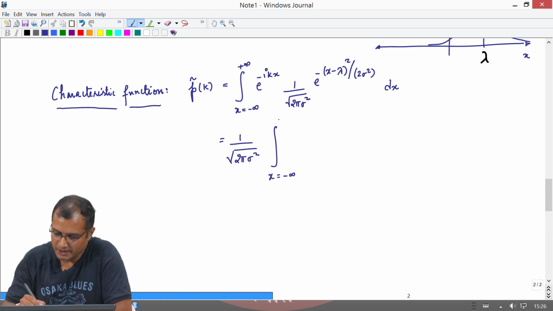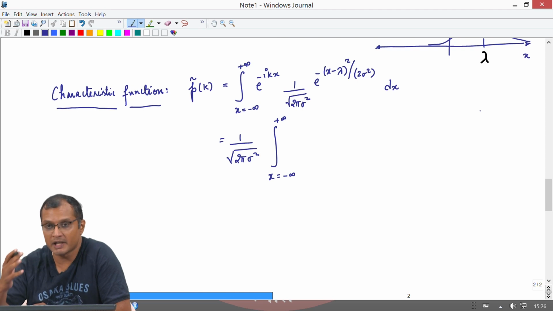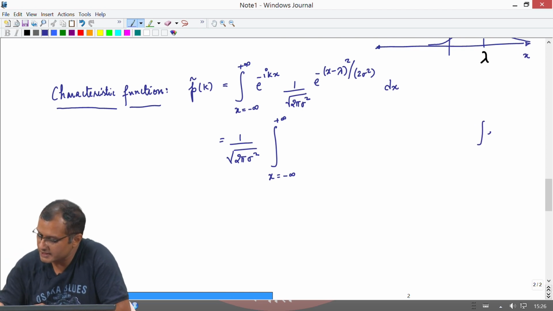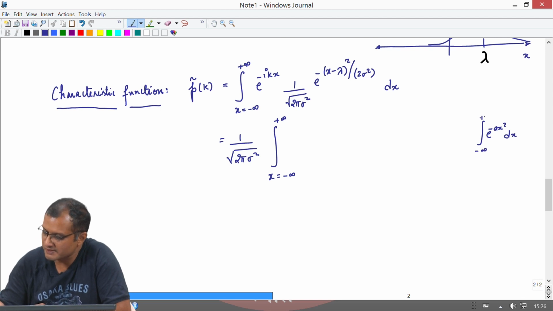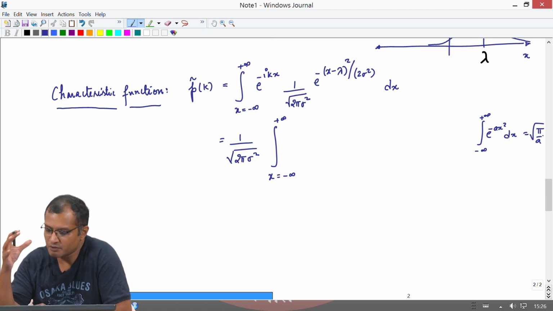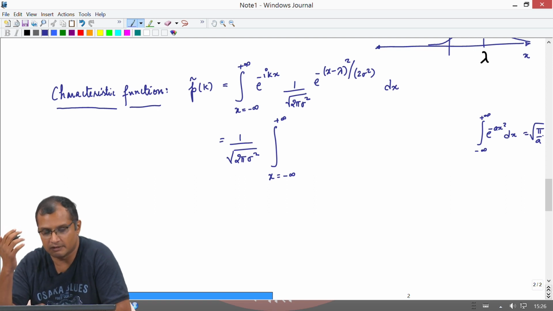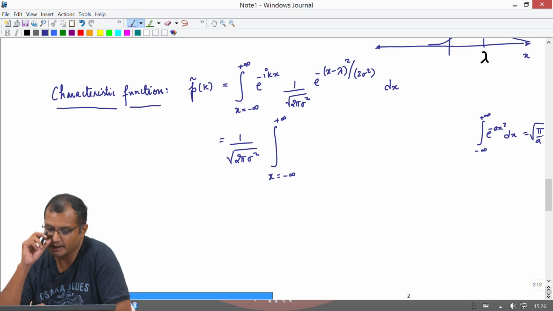I would like to take advantage of this Gaussian integral, that e raised to minus a x square when integrated from minus infinity to plus infinity is square root of pi by a, a result that we just derived a few minutes ago. Now, I can only do that if I can write down the complex exponential and the second exponential together with a power that looks like some x square. Okay. So, let us do that.